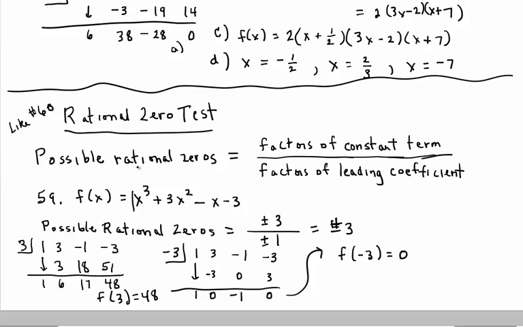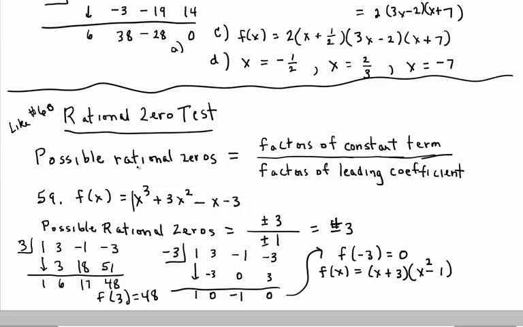I don't know that it asks you to factor it, but you can. So if negative 3 is a 0, then the factor is x plus 3. And down here, these coefficients would be coefficients of the quadratic factor. So that would be x squared, no linear term, minus 1.